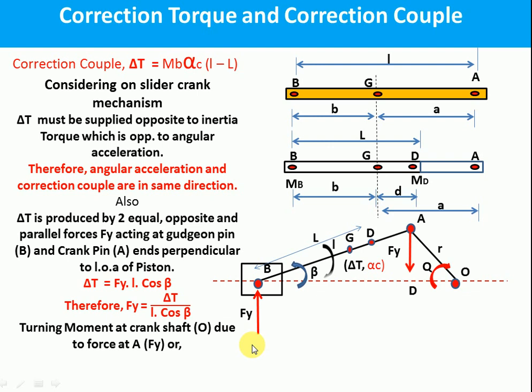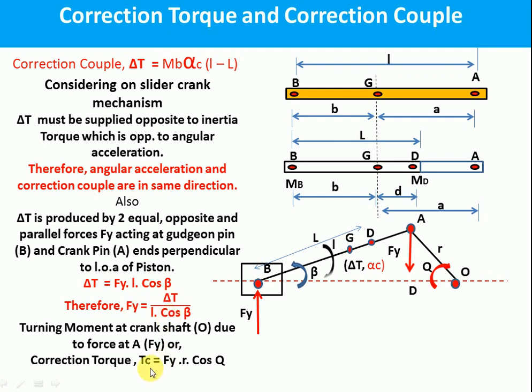So we can write the correction torque Tc is equal to force Fy into perpendicular distance R cos theta, and we put the value of Fy from the above equation, Fy equals delta T upon L cos beta.